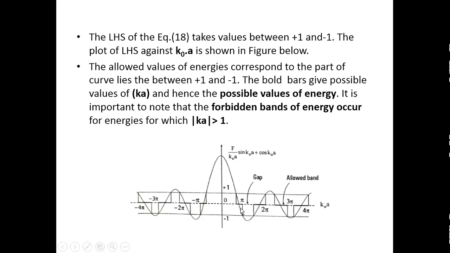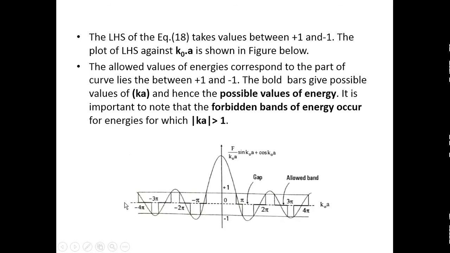So this bold line represents the allowed bands. This is an allowed band, this is an allowed band, this is also an allowed band. This is a gap, so here the energy band is not continuous, there is a gap.